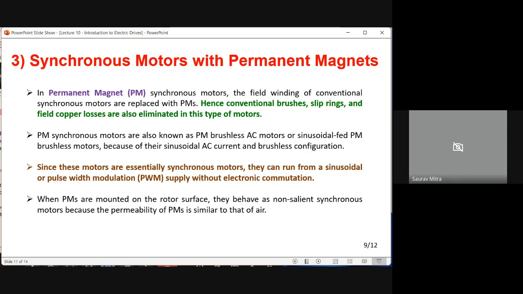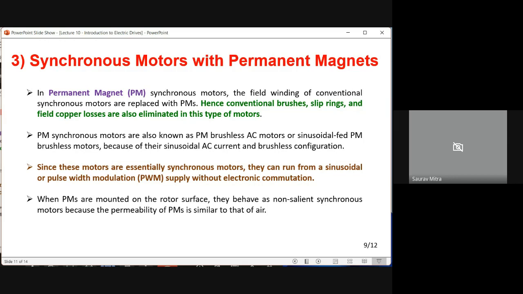That problem is solved here by putting in permanent magnets. So conventional brushes, slip ring and field copper loss are all eliminated in this type of motor.